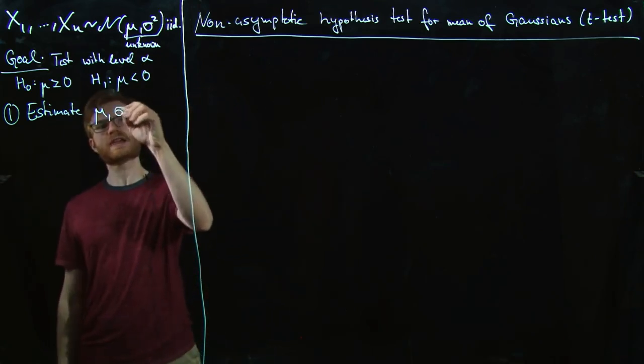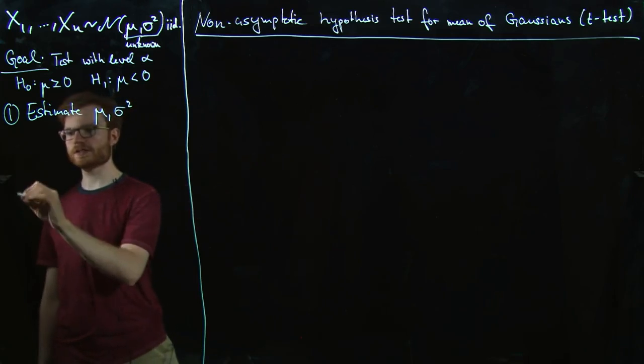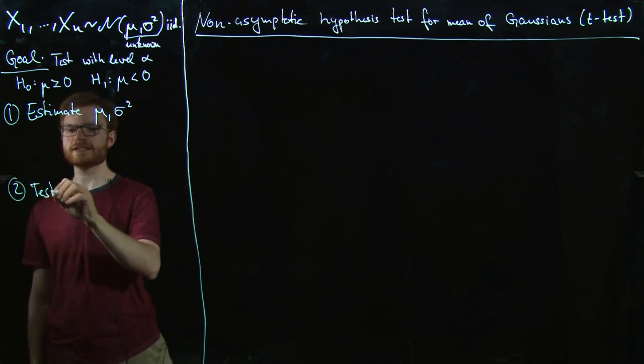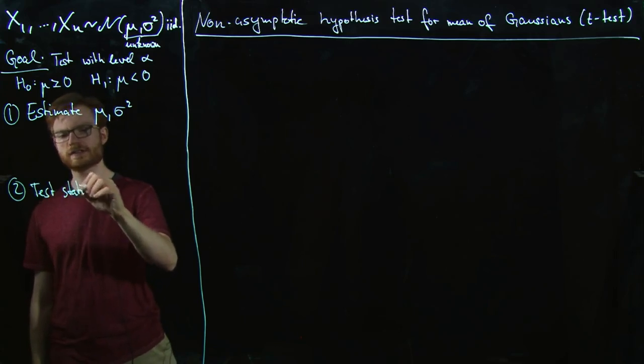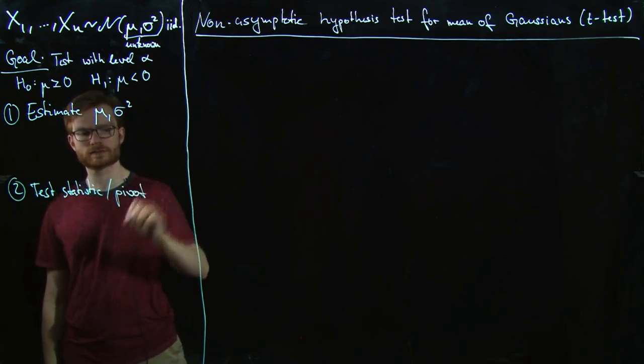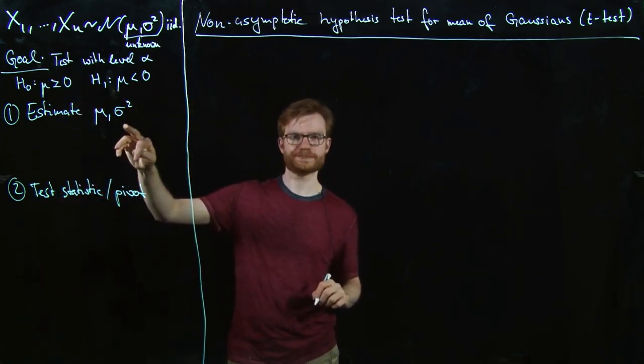So that means I will also have to estimate sigma squared. Once we're done with this, we're trying to write down a test statistic, or more generally, a pivot function that depends on mu and sigma squared.